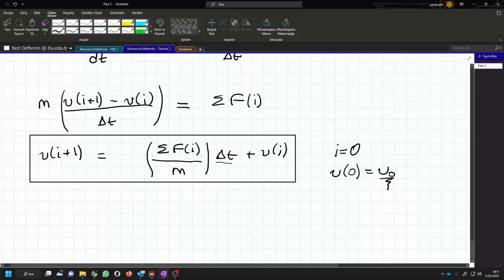So I can calculate v(i plus 1), which corresponds to v of delta t here, or v1.